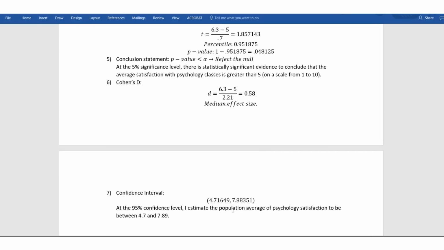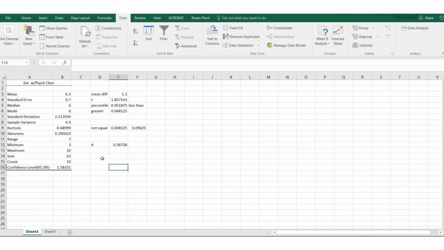Alright, now we want to get the confidence interval. So let's do that. So this is a lower bound and then upper bound for your confidence interval. And Excel kind of gives you most of the work. So what you're going to do is equals your sample mean minus this confidence level.